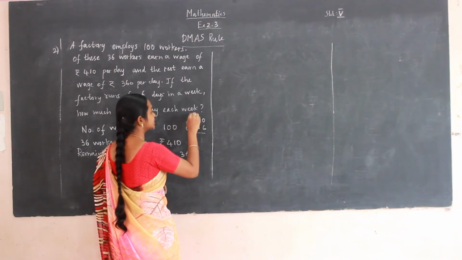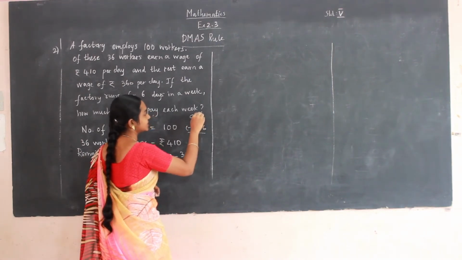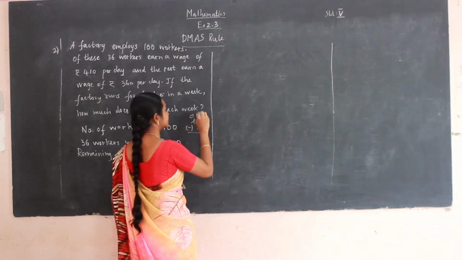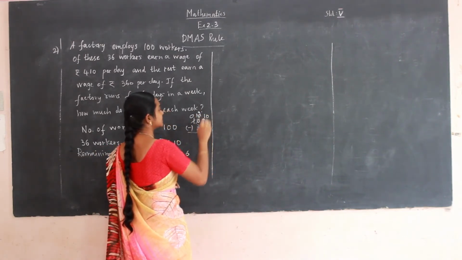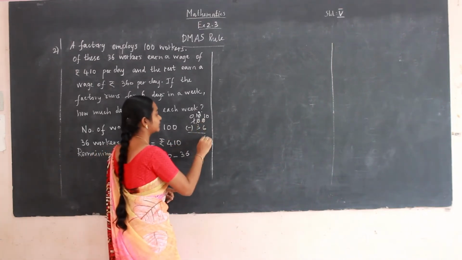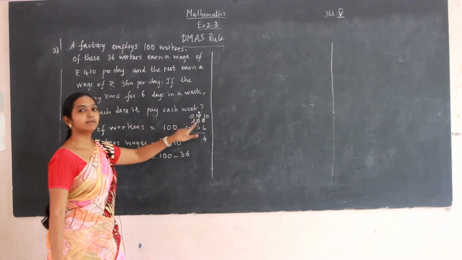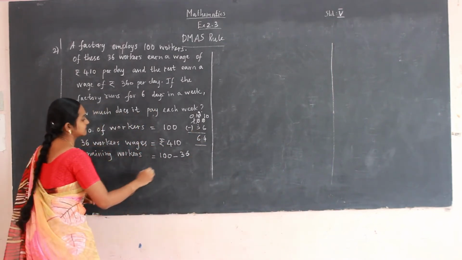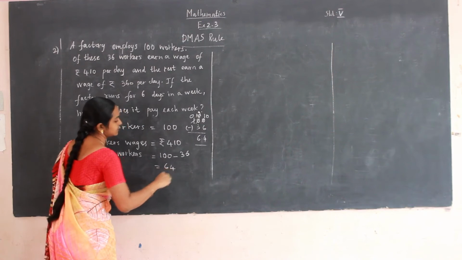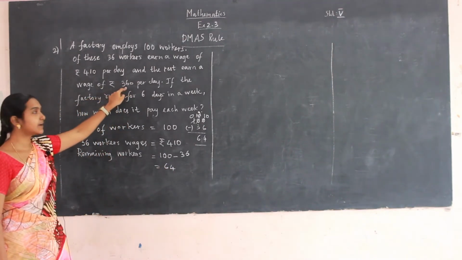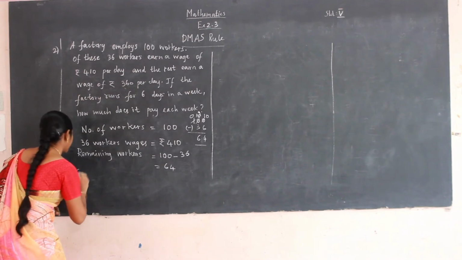So 1 will be changed as 0 and 0 will be changed as 10. Again we have to borrow. So 10 will be changed as 9 and 0 will be changed as 10. 10 minus 6 is 4. 9 minus 3 is 6. So the remaining workers is 64. 64 workers' wages is 360 per day.